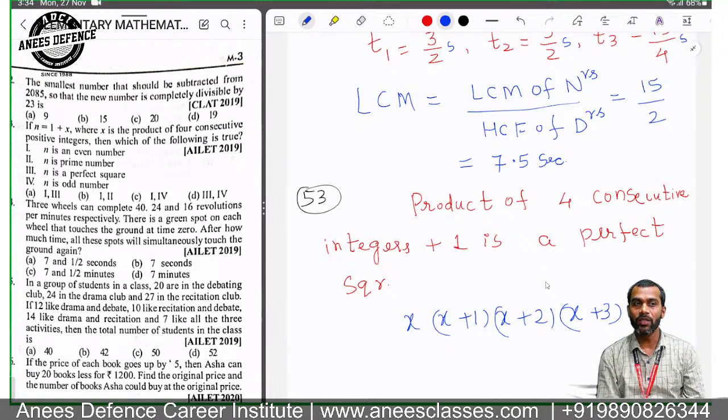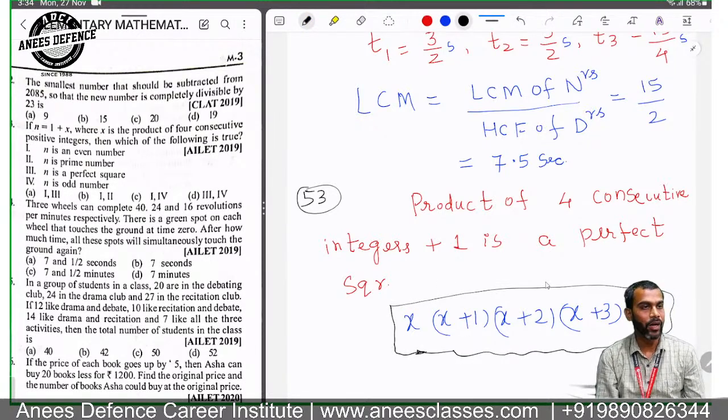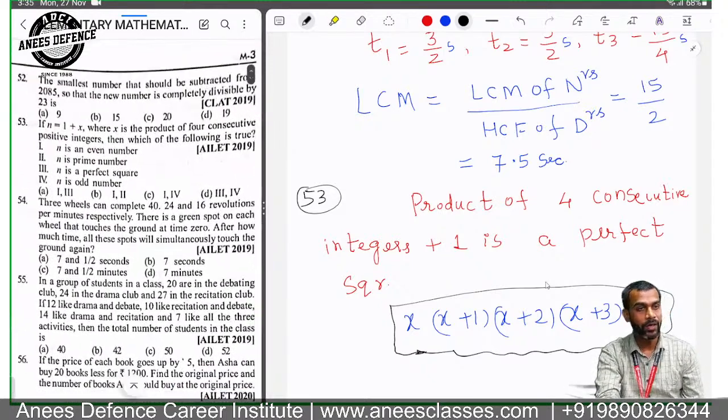And then 2 into 3 into 4 into 5 plus 1 is 121, which is 5 plus 6 whole square. So we need to observe basically. Yes or no? Please try and let me know what is the perfect square we are getting, of which number. Shall we move ahead? So the answer is D. Okay.